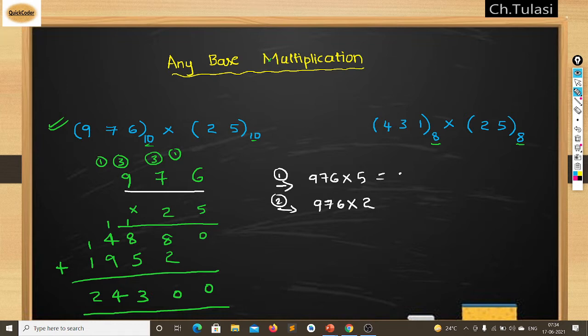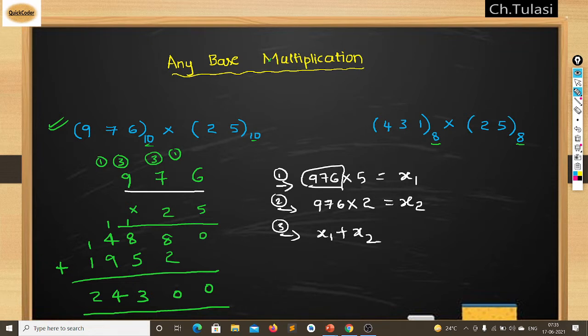We got some solution like x1, and we got some answer like x2. And what is the third step? x1 plus x2. The first number should be multiplied with each digit of the second number: 976 into 5, 976 into 2. And again we add these two numbers, so that is nothing but the multiplication.